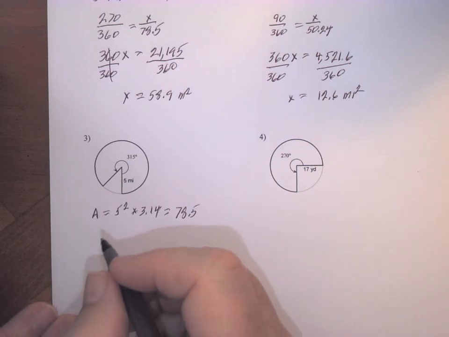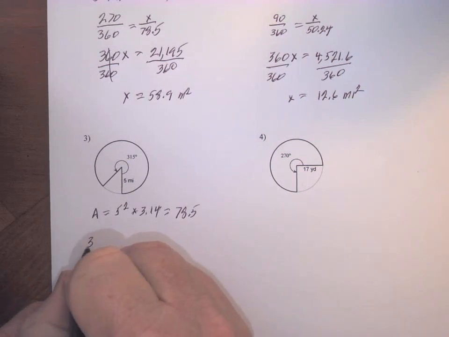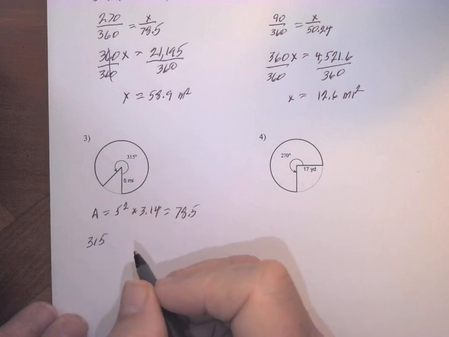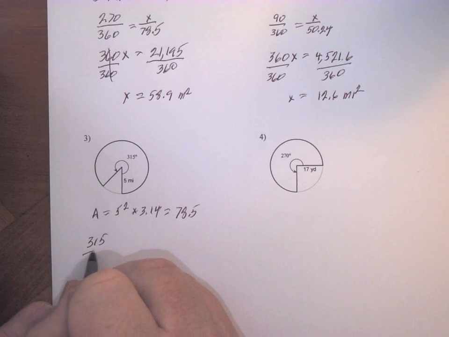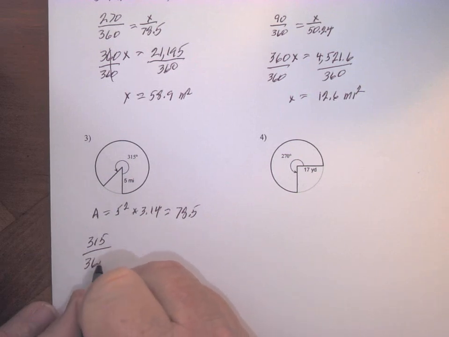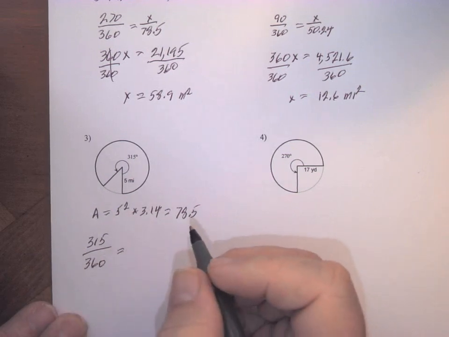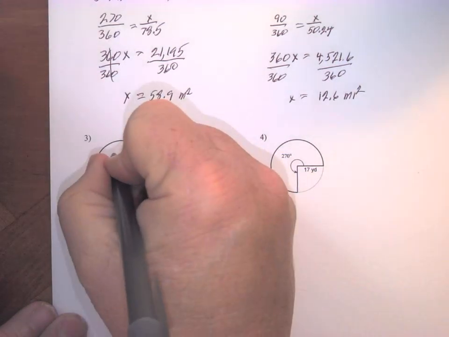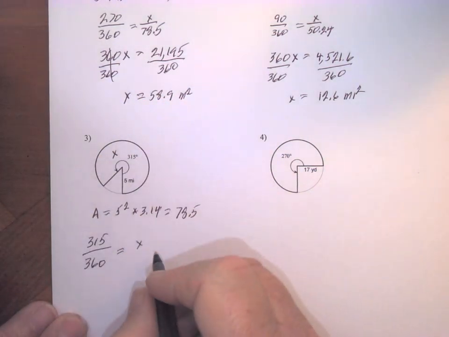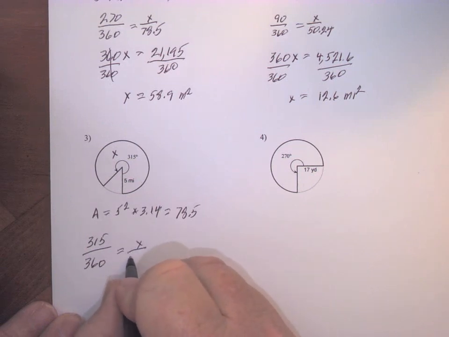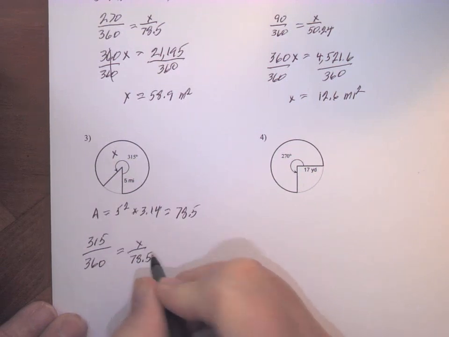All we have left to do is set up our proportion. 315 degrees is the central angle we're looking at. The total is 360. And that's got to be equal to x, and x is what we're looking for here, which is the area of this section, over 78.5.